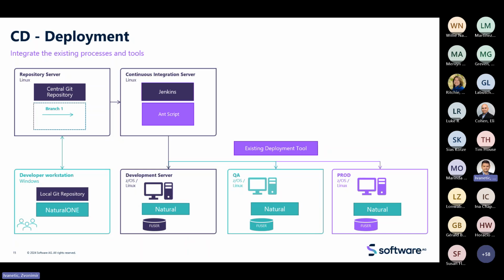You can just move them afterwards to a QA or the prod environment with your tools. Nevertheless, you can leverage also the scripts and the assets in there to feed these tools with the asset name lists that you have changed in a repository, so that this can also be used as input for your existing deployment tool to enhance this.